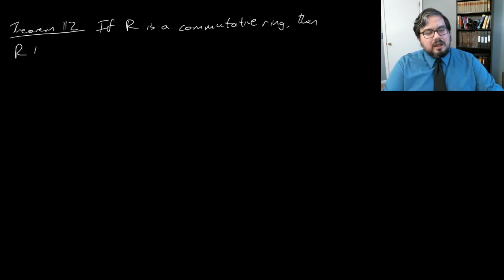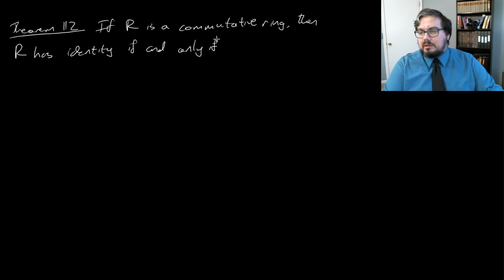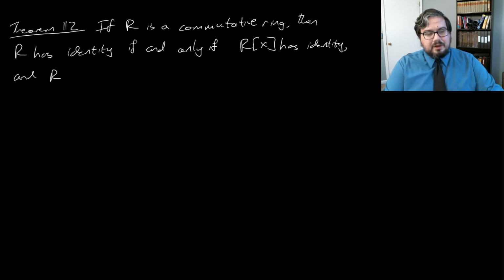So Theorem 112. If R is a commutative ring, then R has identity if and only if R adjoin X has identity, and R is a domain if and only if R adjoin X is a domain.